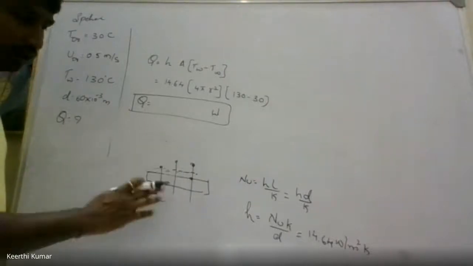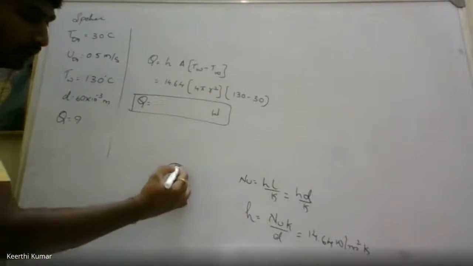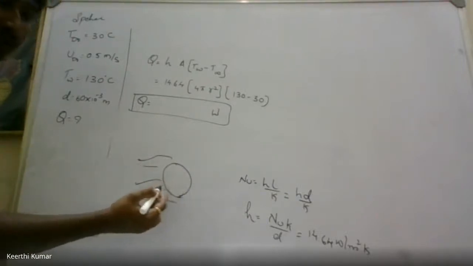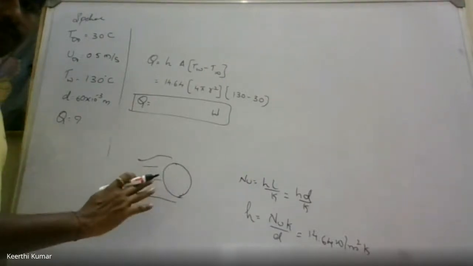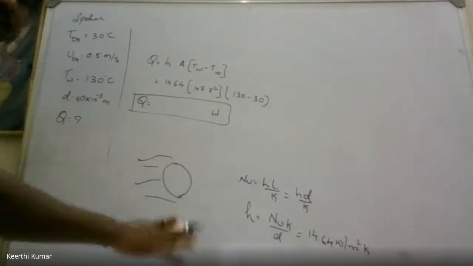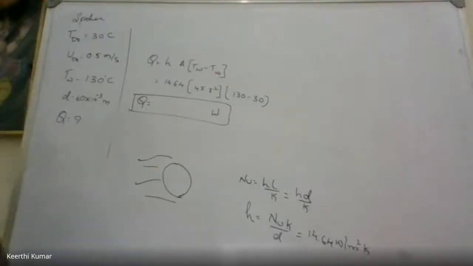But here there is no question of different h values at different diameters. If the air is blowing, you cannot say h differs with respect to diameters. h will be the same throughout. So whatever h we are substituting is itself h average, and we substitute it in the value of Q. Okay, got it, sir. What is the Q value?